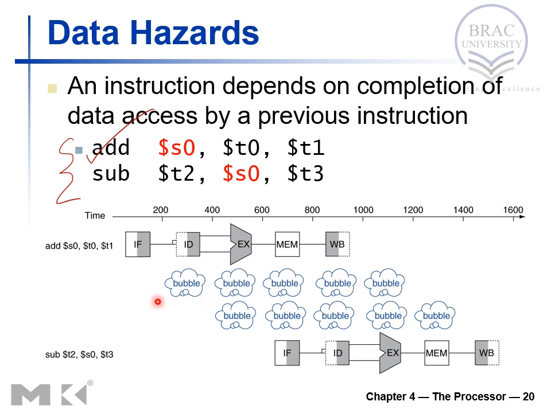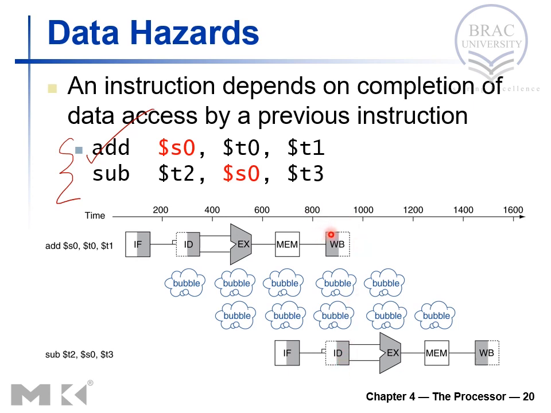Let's see. This is our add instruction, the first instruction. It fetches, then decodes, then executes, then the memory operation. But this has no memory operation, so it just waits there, and in the next cycle it performs the write back operation. We introduce two bubbles, so on the third cycle we start instruction fetch for sub, then decode, which means we are performing a read operation on the register file.